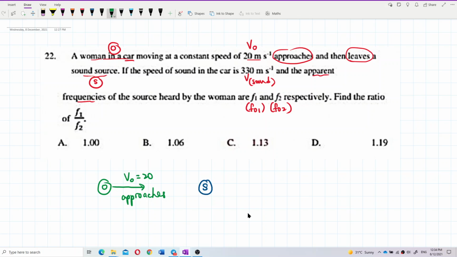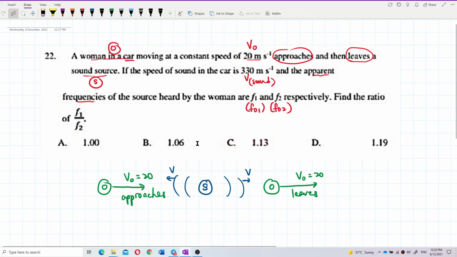And then after that he leaves. Afterward the observer passes by and leaves the sound source. This observer velocity 20, it leaves. So this is the sound source.